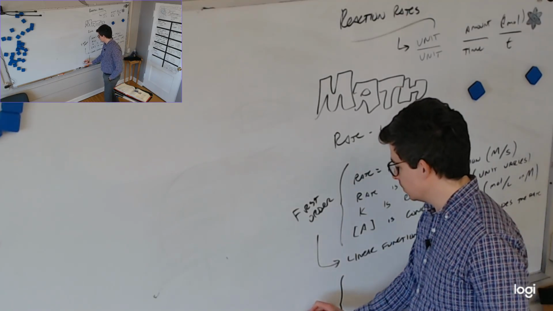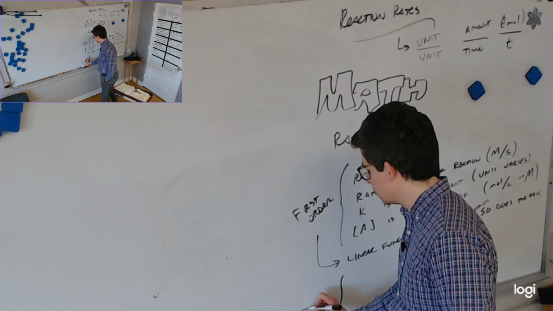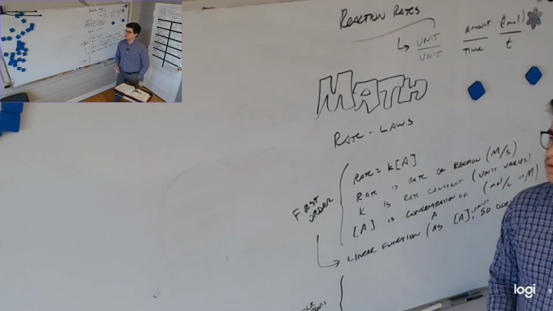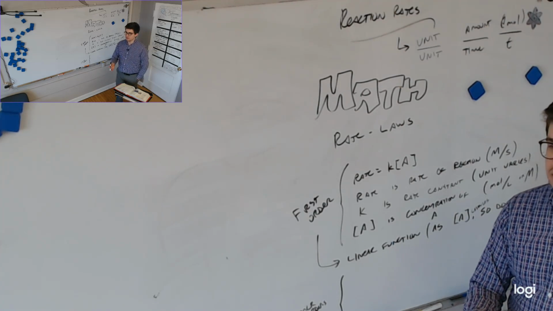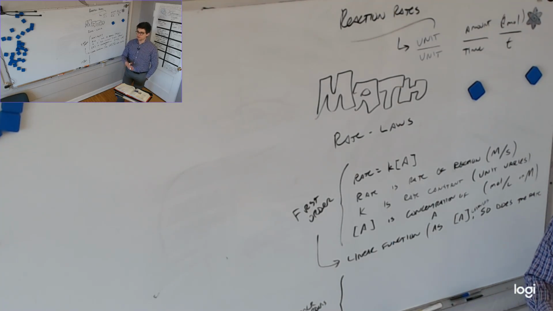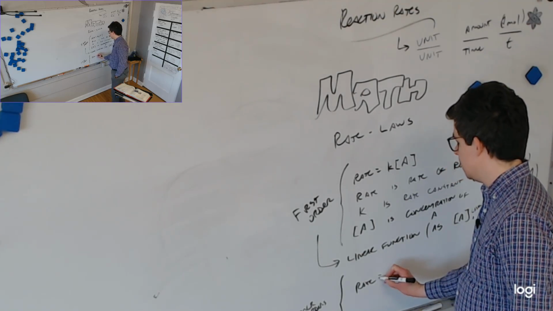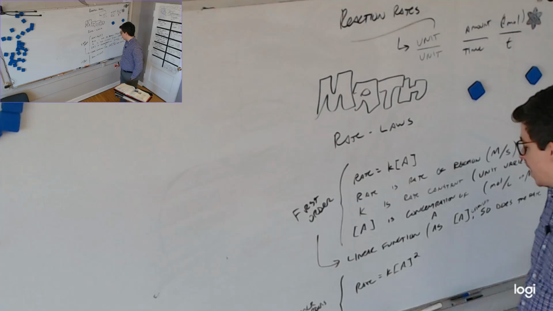Sometimes, for instance, we could have an exponential function where if I double the concentration of A, then the rate quadruples, and that would be a second power function. So that would be given as rate equals K[A] raised to the second power.